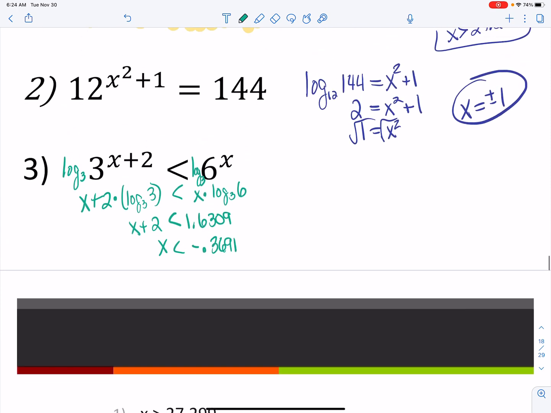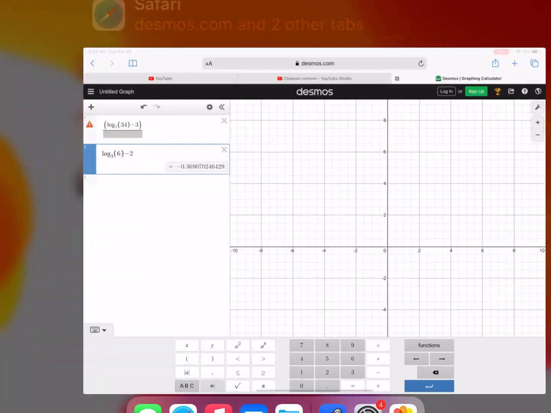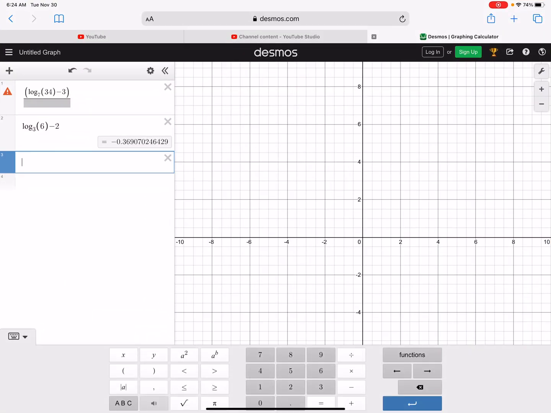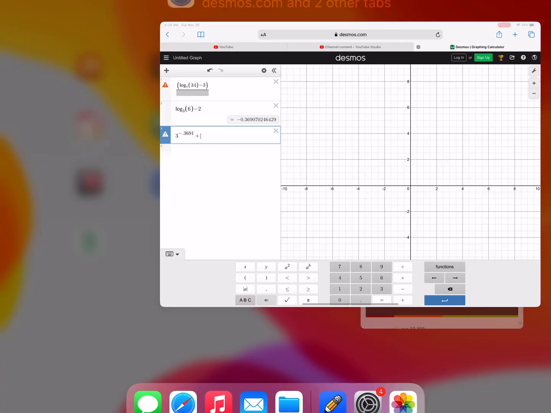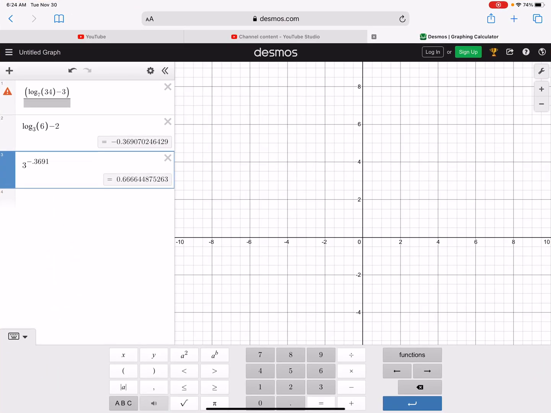Okay, so if I put that back in, 3 to the negative 0.3691 plus 2.